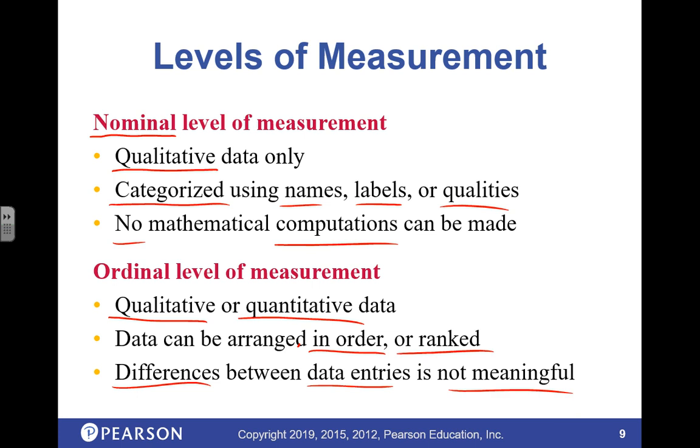If we subtract one entry from another to find out how far apart they are, that's not significant. But there is a significance between which comes first, which comes second, which comes third, which comes fourth. So there is an importance on order.